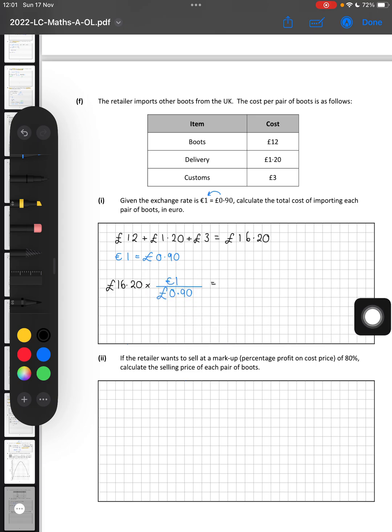When I do that out on the calculator, mode 1, 16.20 multiplied by 1 over 0.9, I get 18 euro.